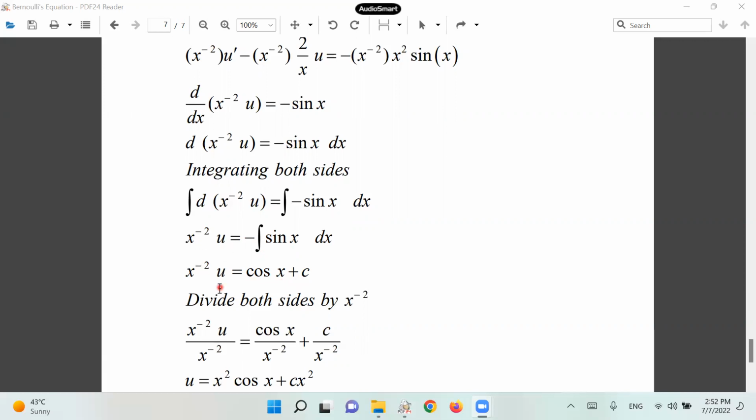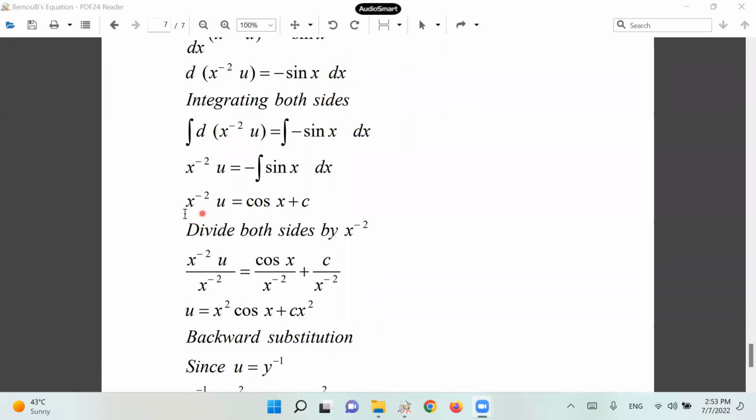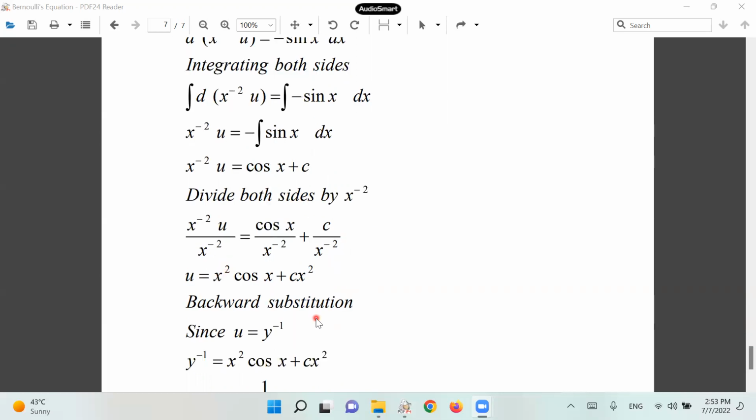Then we just divide all the terms by x power minus 2, so that we can get the value of u. So u will be equal to x square cos of x plus c x square. When we take x power minus 2 to the numerator, we change the signs, so that's why they become x square here and x square here also.